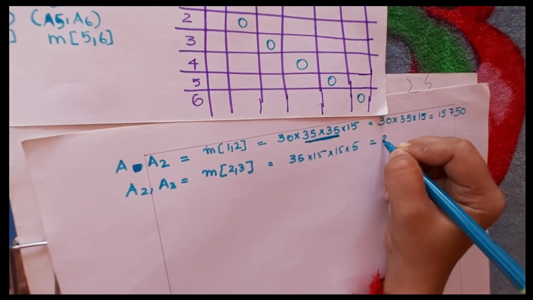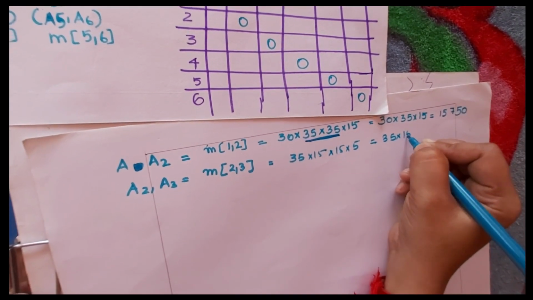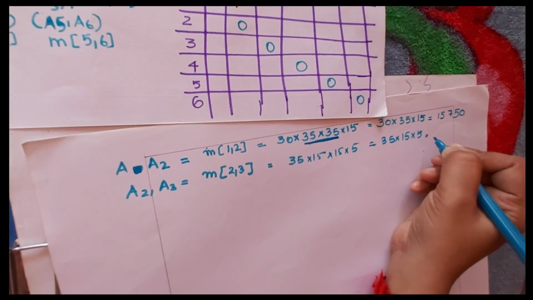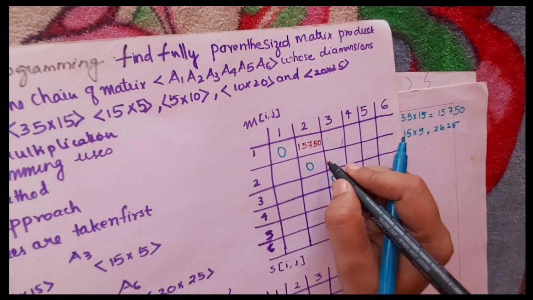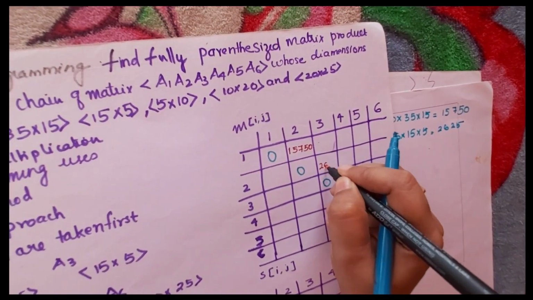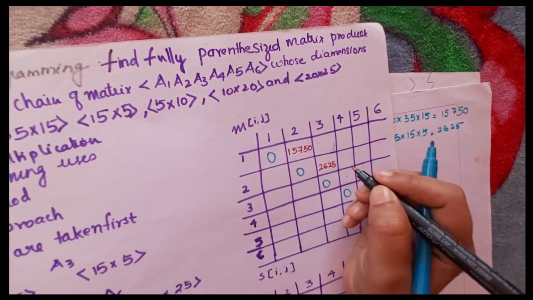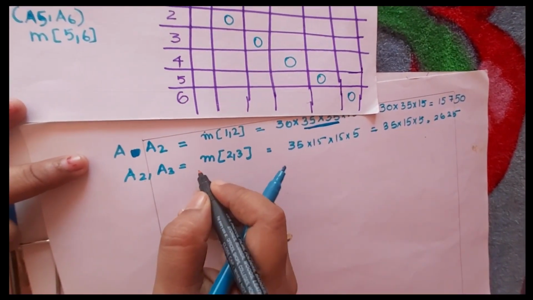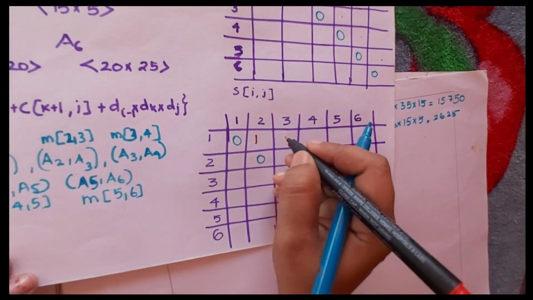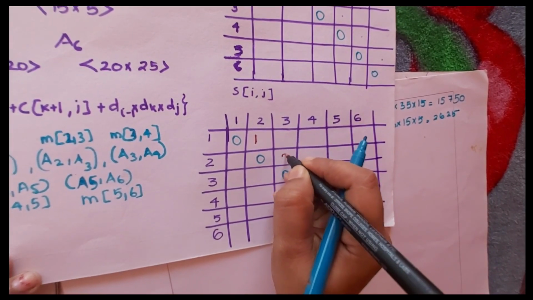So it will be written as 35 into 15 into 5. The answer is 2625. So that will be written here, 2625. And where the splitting is happening, after 2 it's getting split. So it will be written as 2 here.